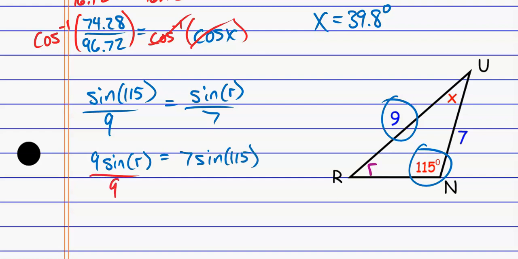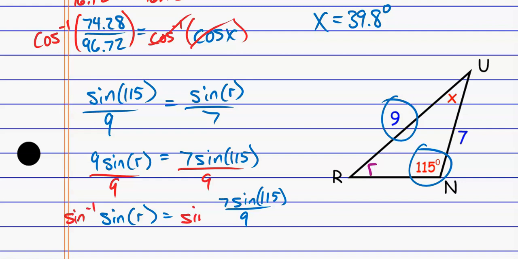Divide by the 9. And then I'm going to take the inverse sine of each side. So then I get rid of sine, I take the inverse sine. And you might be looking at this going, well, this isn't even solving for the thing I want.